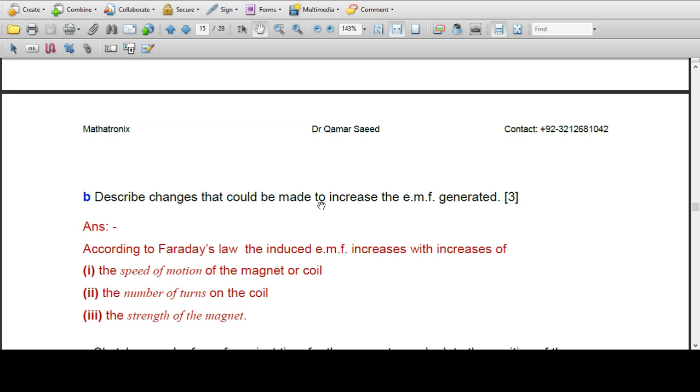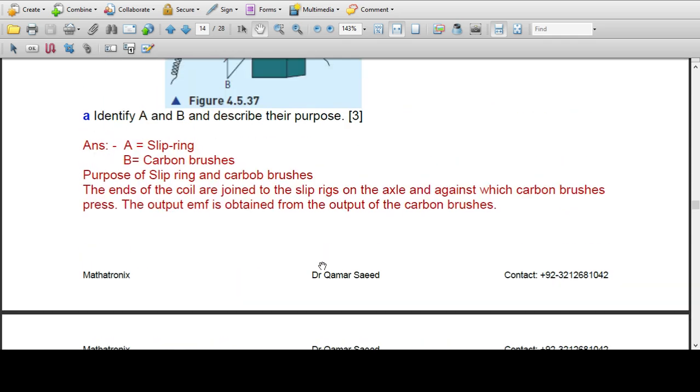Describe changes that could be made to increase the EMF generated. Faraday observed the speed of the motion of the magnet or coil, relative motion of the magnet or the coil, and the number of turns on the coil.